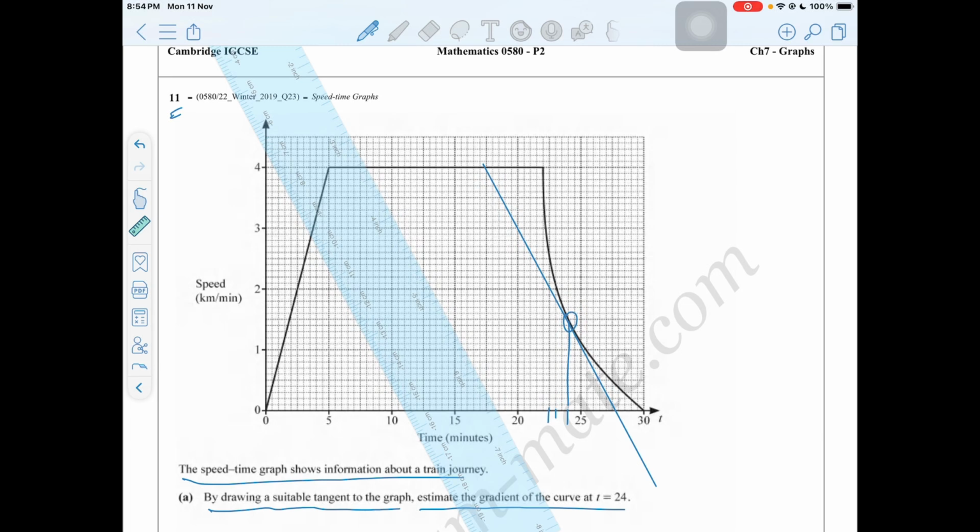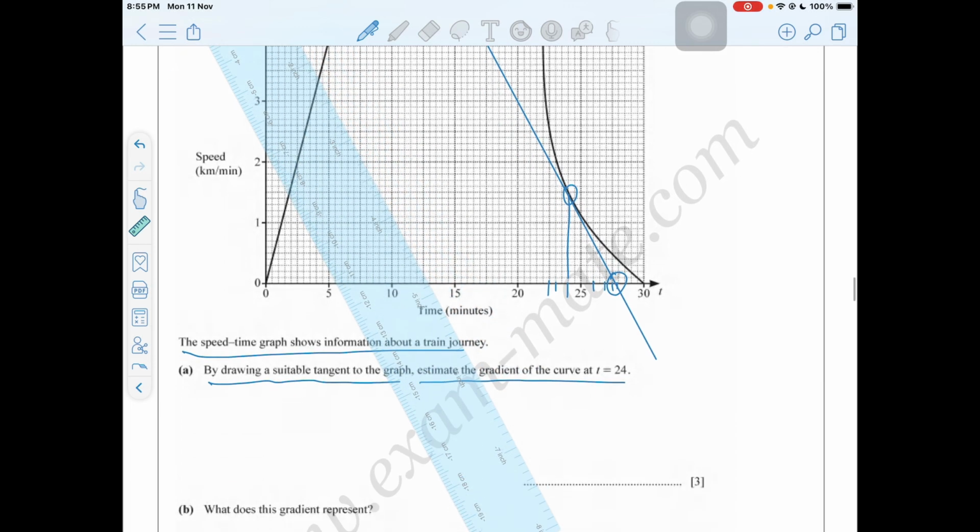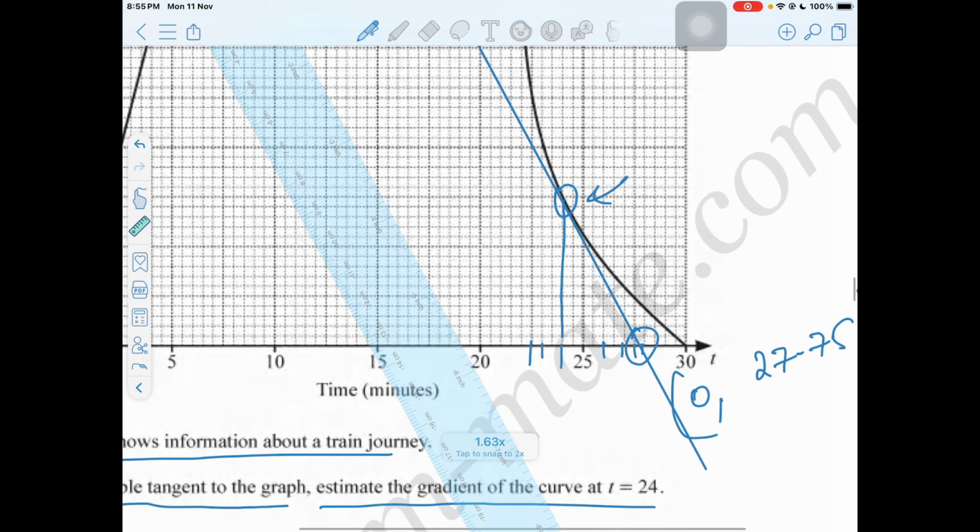So we have this point as 26, 27, 27.5, and then 27.75. This would be 27.75 to be accurate, right? 0, 27.75, and this is basically 24 as our x.